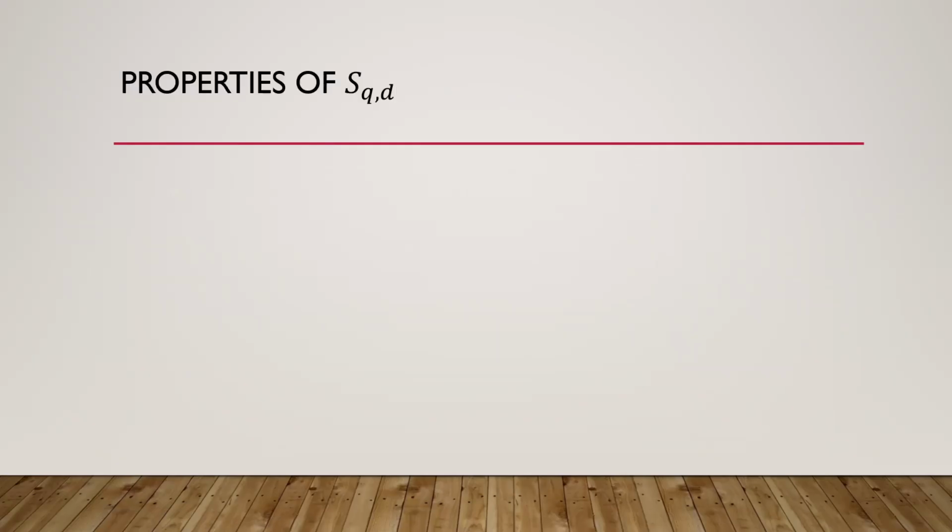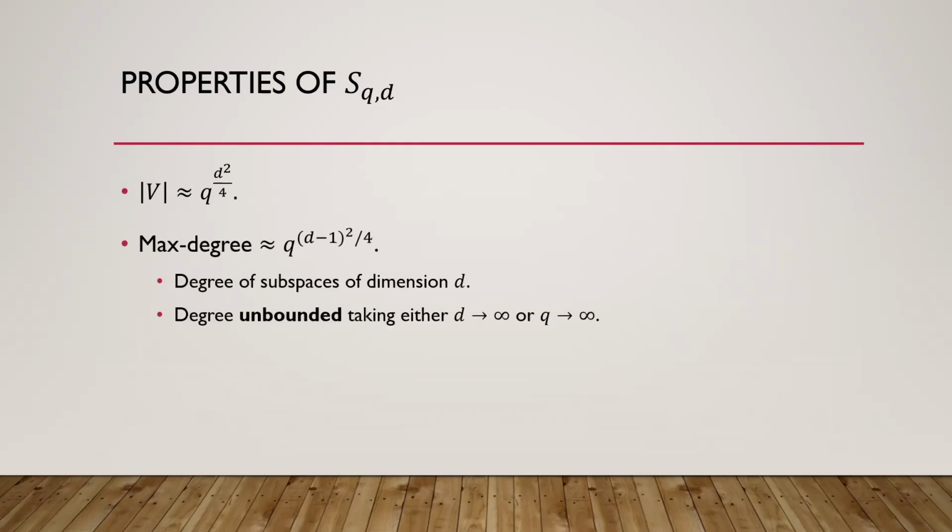So now let's unset d and talk about properties in general of these spherical buildings. So first thing you can ask, how many vertices actually are there? And this is just some kind of subspace counting. You get roughly something like q to the d squared over 4. And what's the maximal degree? Well, I promised that this is an unbounded family of simplicial complexes.